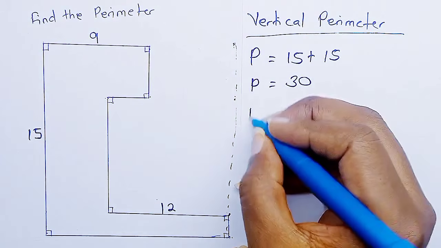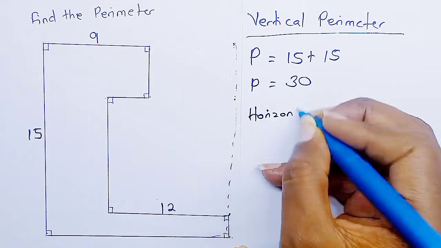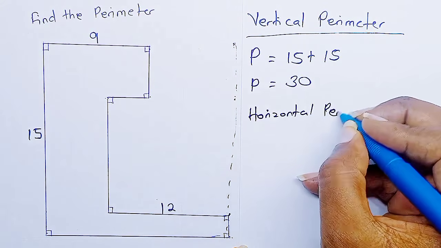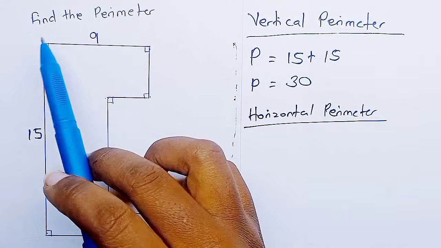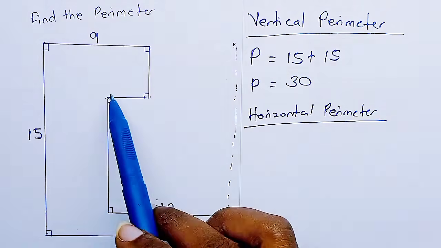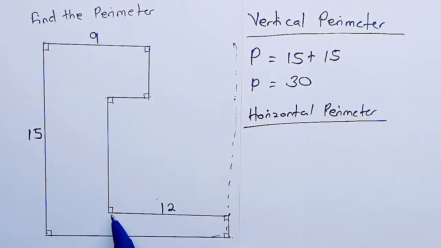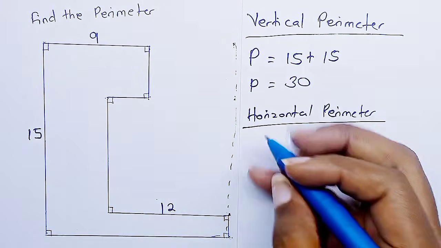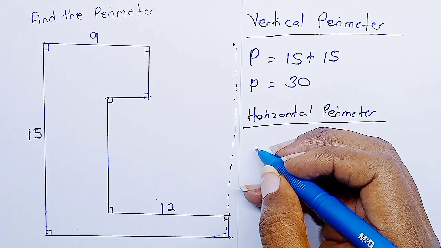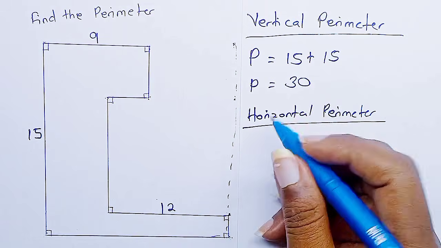Next, let us find the horizontal perimeter. And by that I mean this line plus this line plus this line, then plus this line from here to here. So I'm going to group them as lines: first line, second line, third line, and fourth line, okay?